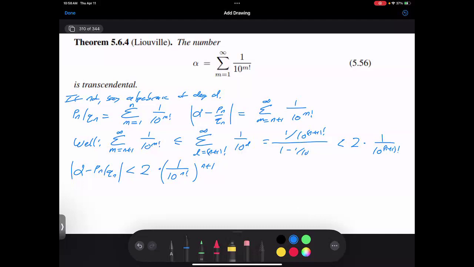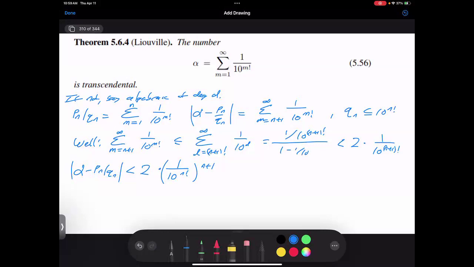So this is basically like comparing this to 1 over Qn to the n plus first power. So we know Qn is at most 10 to the n factorial. Right? The problem is maybe there's some cancellation.